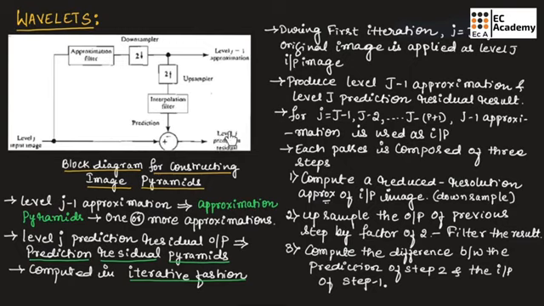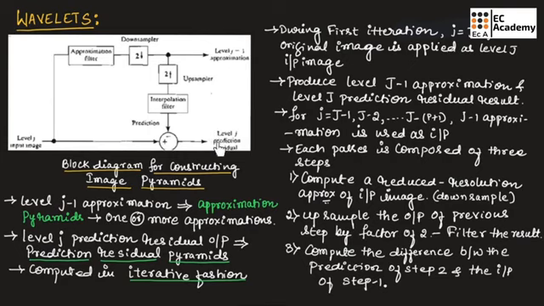The information at level j is the difference between the level j input image and the prediction that is obtained from the level j-1 approximation, as you can see in this figure. This difference can be coded and therefore stored, and also it can be transmitted more efficiently.